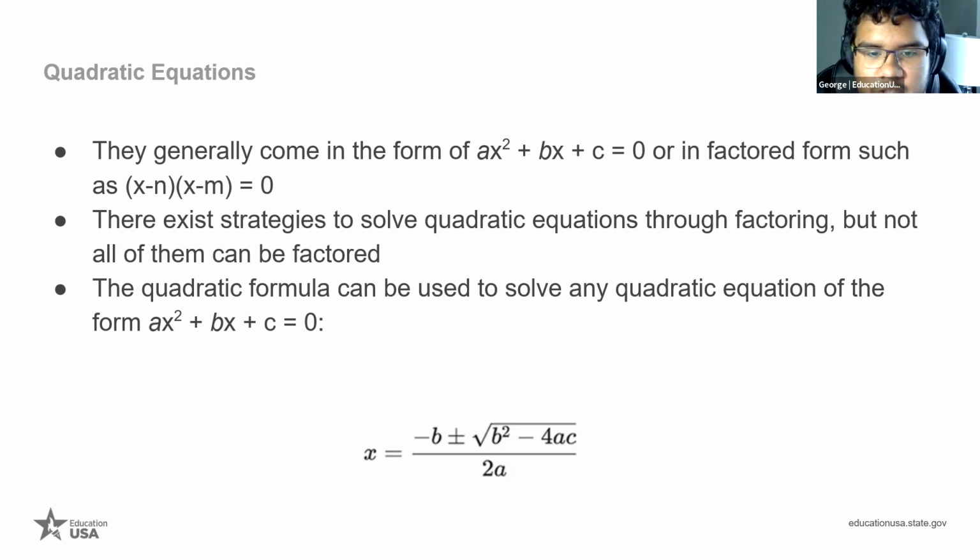The plus or minus indicates that there are two solutions: one where you add the square root, and one where you subtract it. As you can see with the square root, it's very possible for quadratic equations to have no real solutions, but rather imaginary ones, referring to solutions that have a negative square root somewhere in them. But the quadratic formula works even with those in getting those solutions.